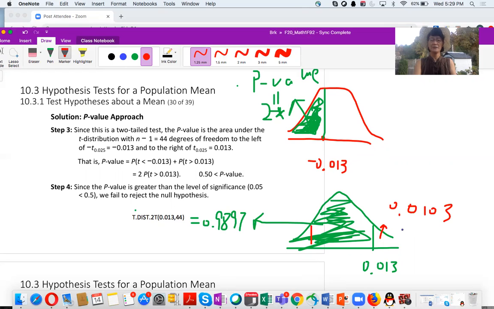Okay, so p-value, let me see, this is the test, 0.013 distribution.